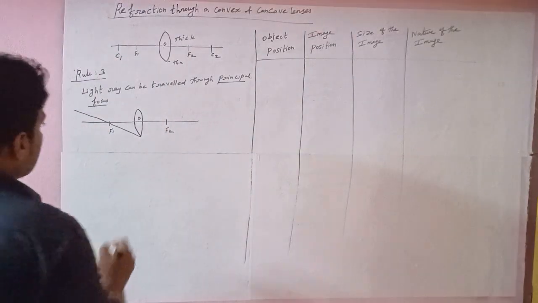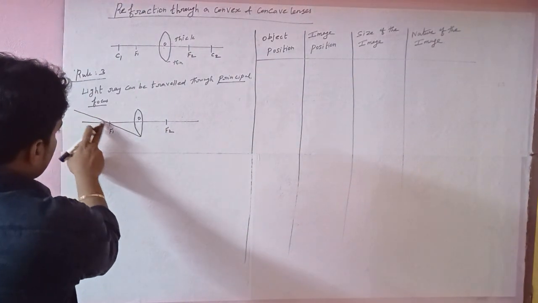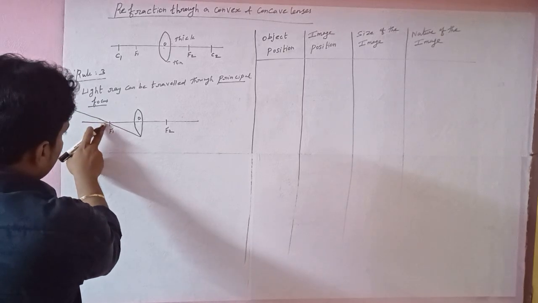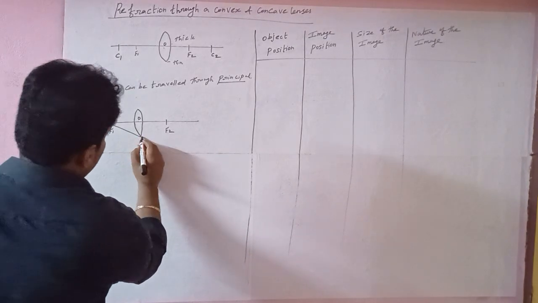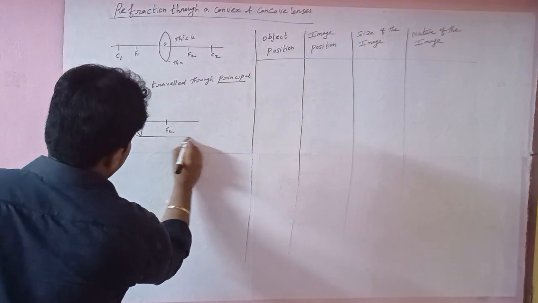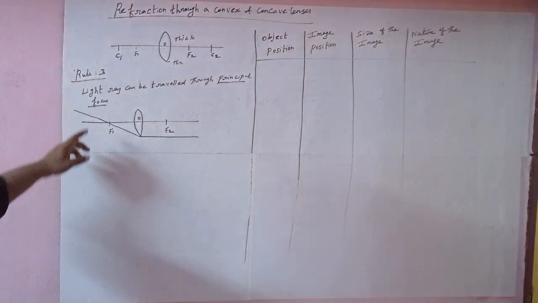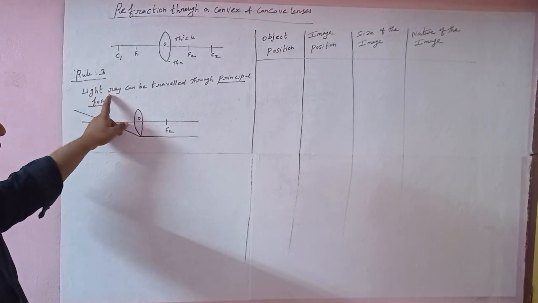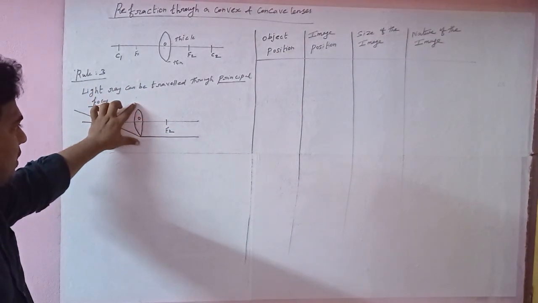Let me repeat. The light ray can travel through the principal focus. So the light ray will fall on the lens. So the light ray will travel in a straight line, parallel to the principal axis. Can you understand? This is rule 3. The light ray travels through the principal focus because we have to consider the convex lens.